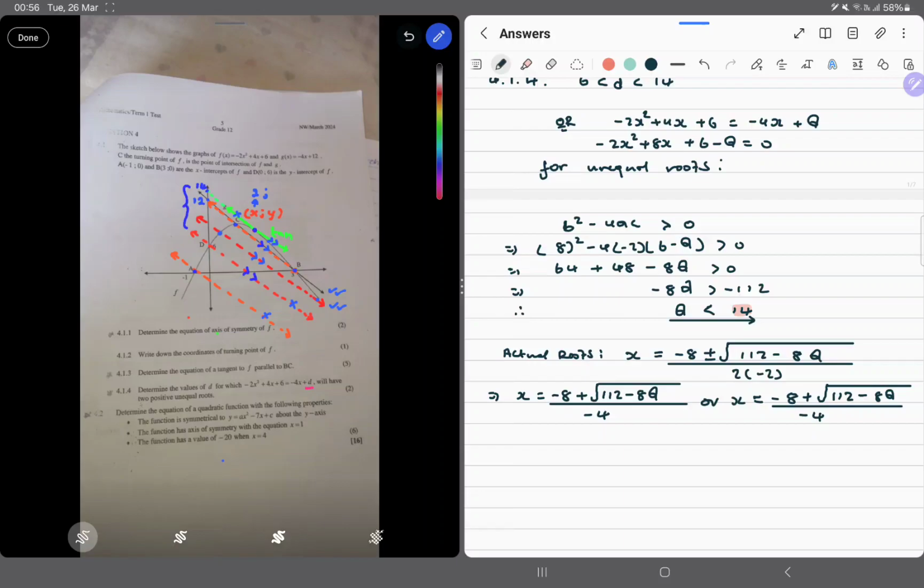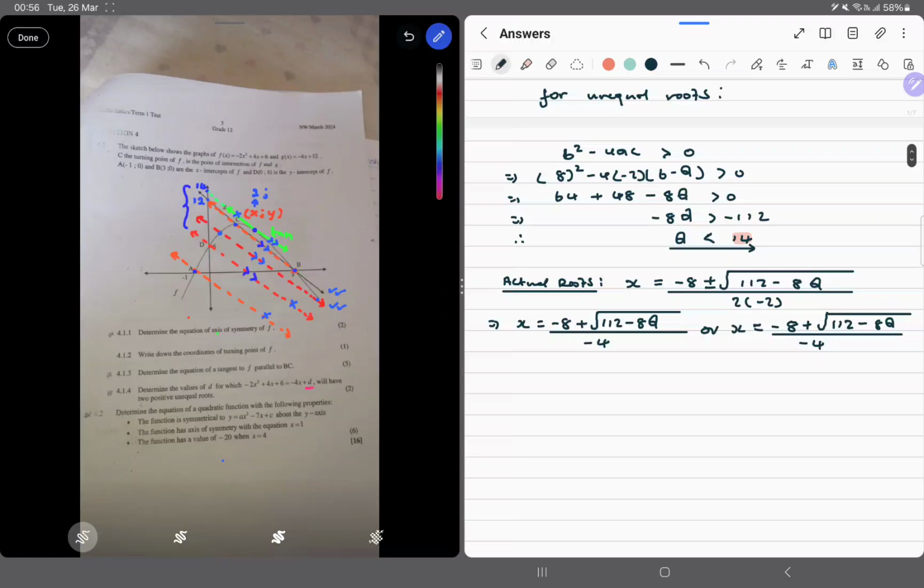Now our task here is to find the root that will always give us a positive answer in these ones, for any value of d for that matter, but provided the value of d is less than 14. That's the most important. Now if you look at this one here, let's say d is 12, right?